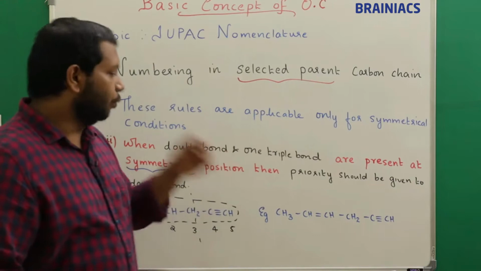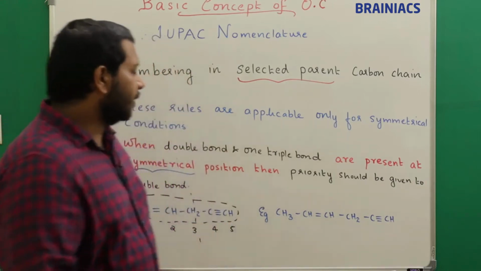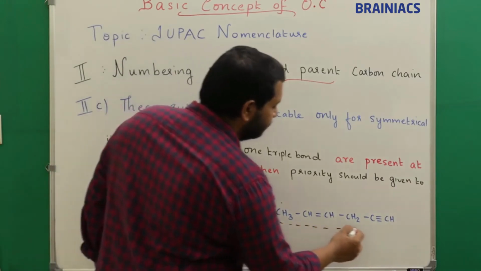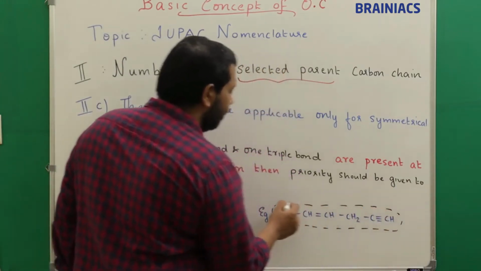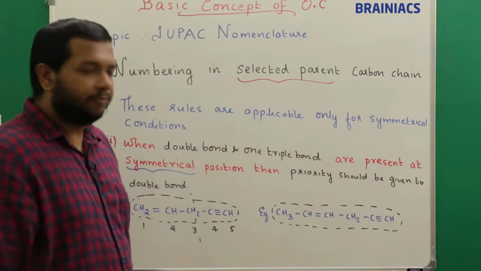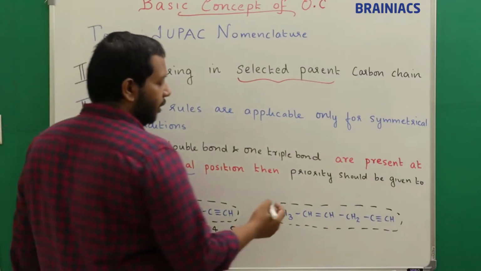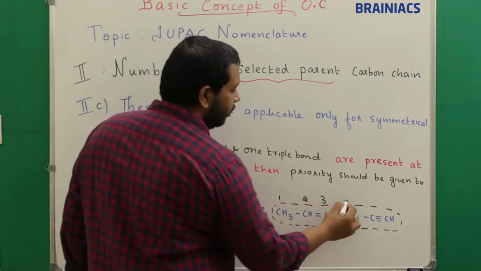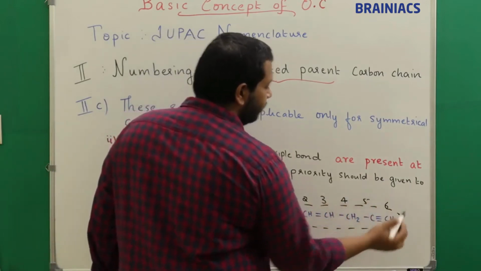Let's see example 2. On looking at example 2, I will select the parent carbon chain. Okay, I have chosen the parent carbon chain. Now I am trying to number it. Somebody has numbered like this: 1, 2, 3, 4, 5, 6.